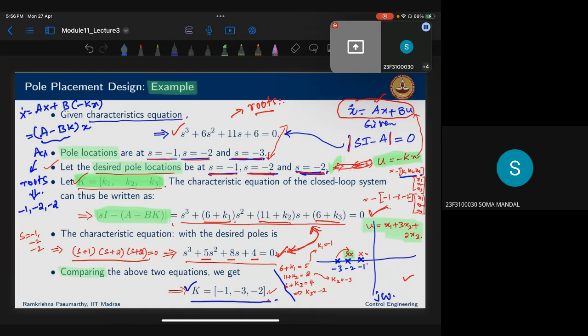You should get the same answer, K equal to -1, -3, -2. Oh, I'm sorry, I have not given the A and B matrices.